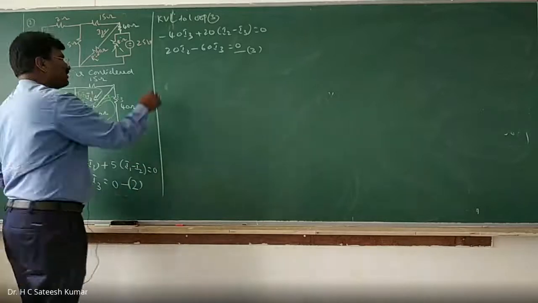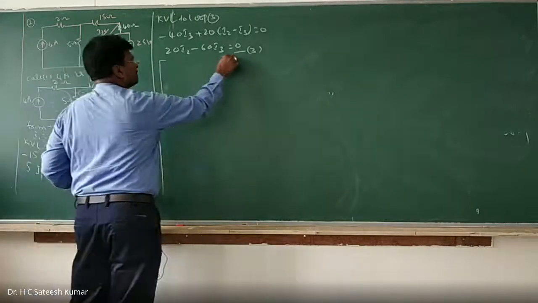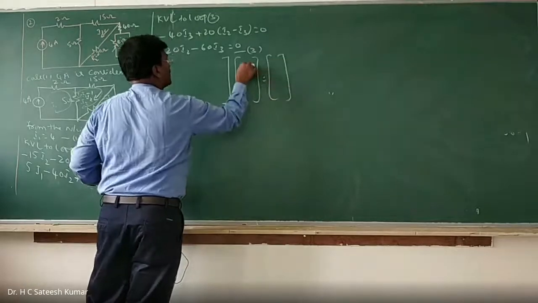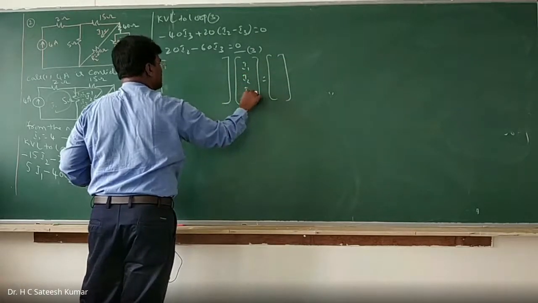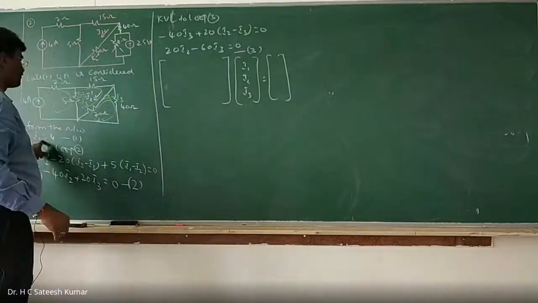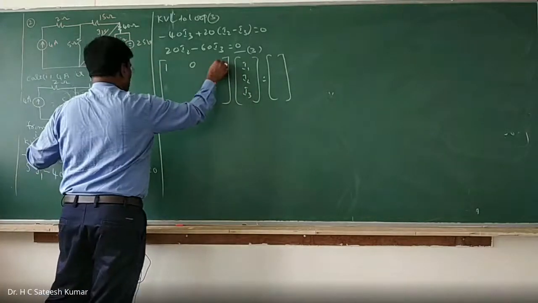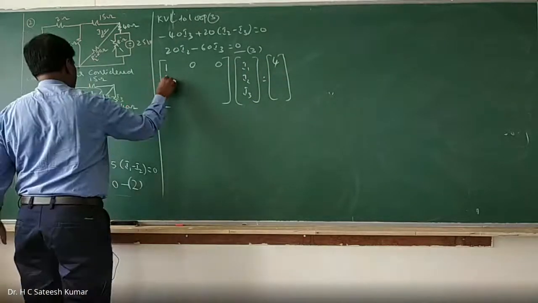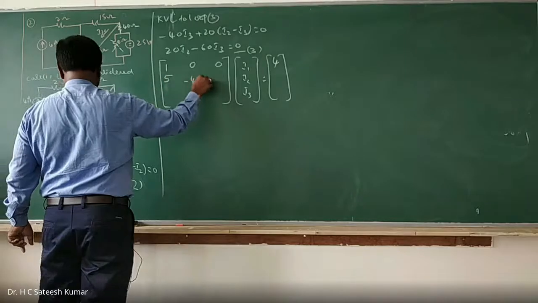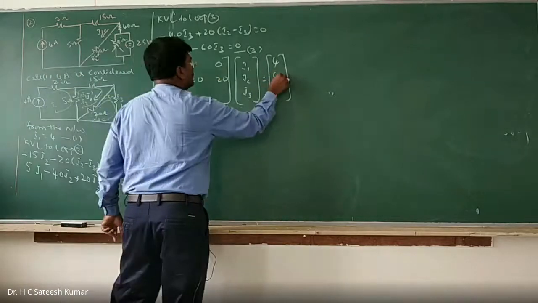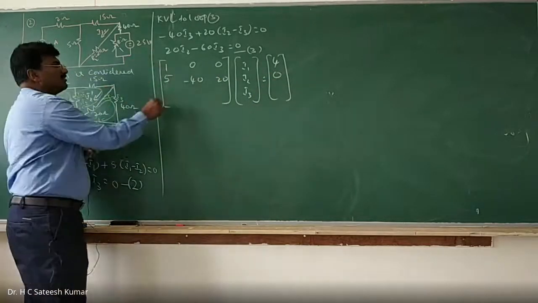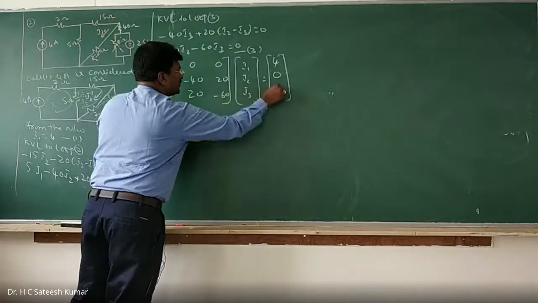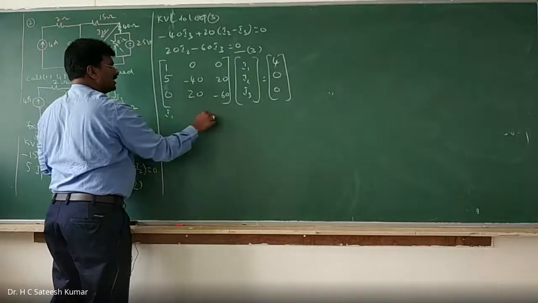So now you write down the matrix for this. I1, I2, I3. First equation, I1 coefficient is 1, I2 and I3 are 0, and the right side is 4. Equation number 2: 5, minus 40, 20, 0. Third equation: I1 coefficient is 0, 20, minus 60, 0. Tell me I1, I2, I3.